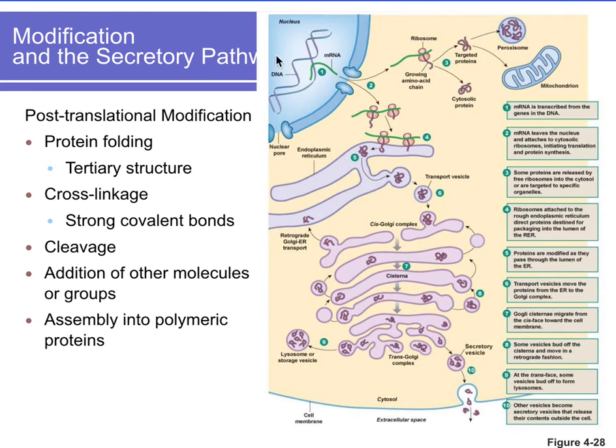So again, here's our DNA. We will then transcribe DNA into mRNA. mRNA will then get translated into our protein. And that process of translating it involves our ribosome reading it and calling over a tRNA to bring an amino acid. And so here we have a free ribosome doing that.